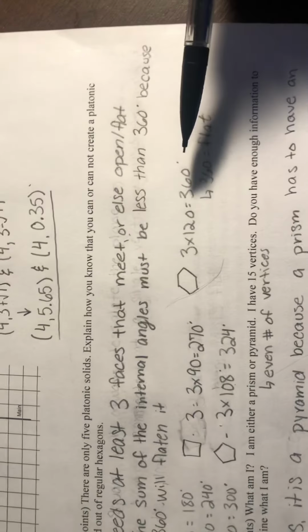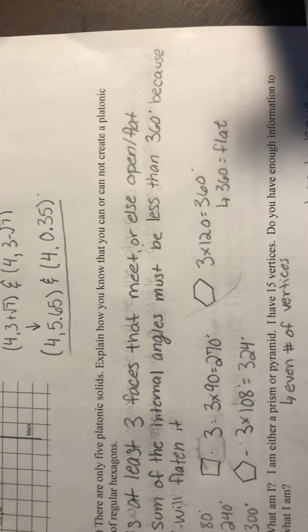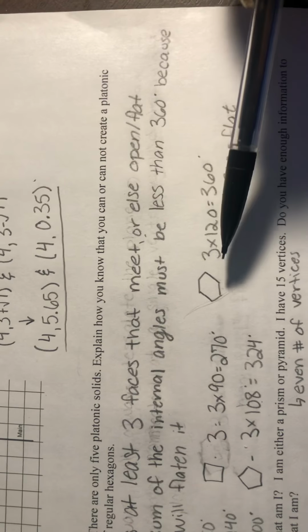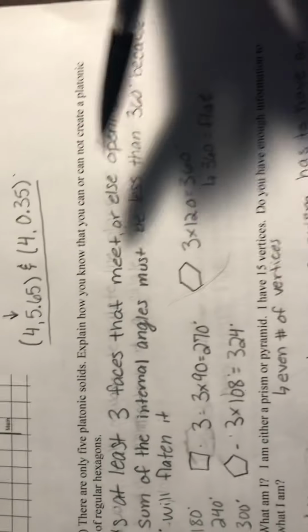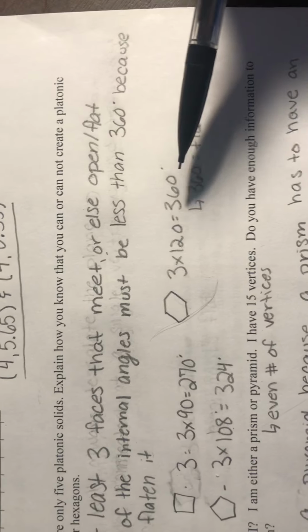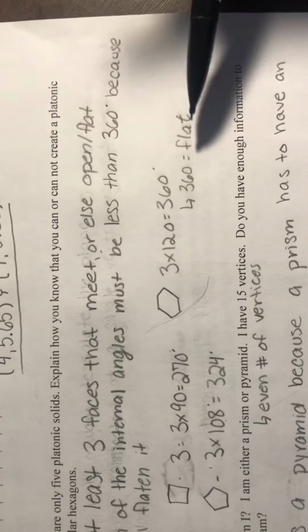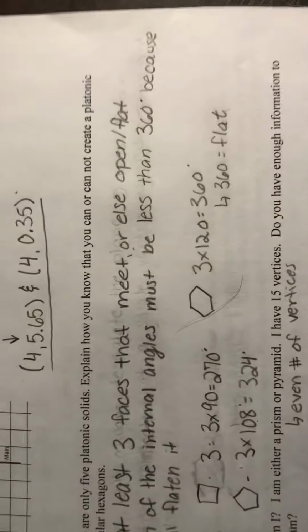So if you were to try it with a regular hexagon, you would multiply the angle measurement by 3, because it has to have at least 3 faces, and it is equal to 360 degrees. So it cannot be a platonic solid because it will be flat.